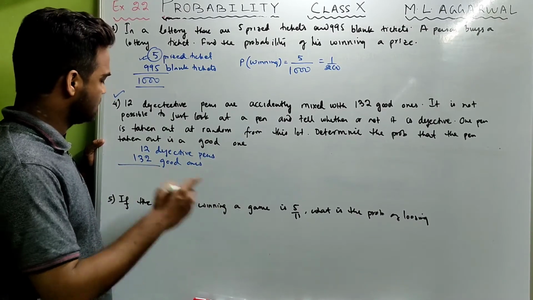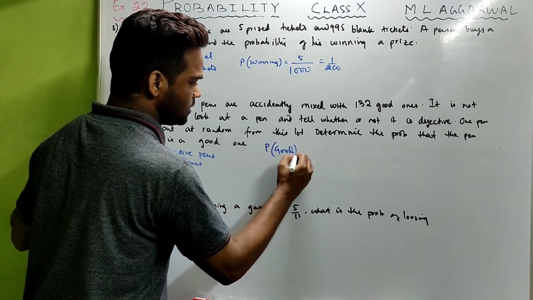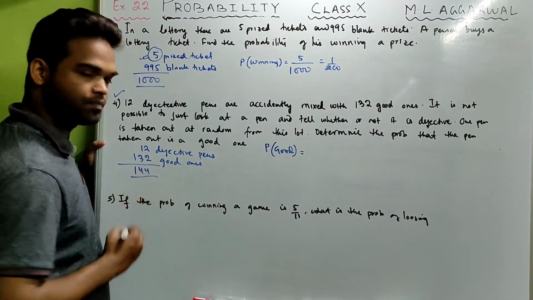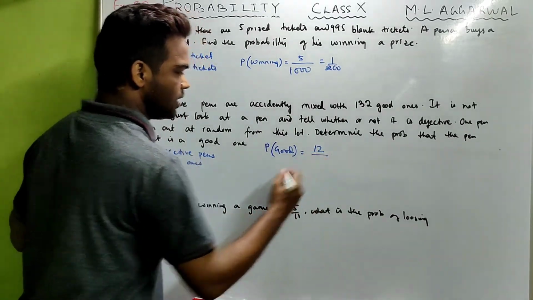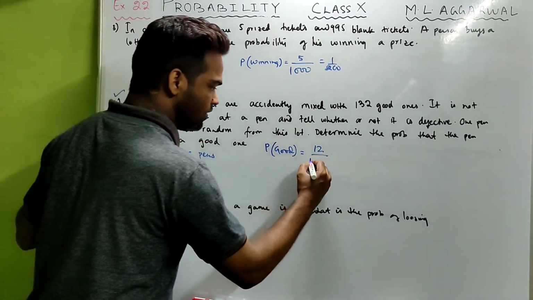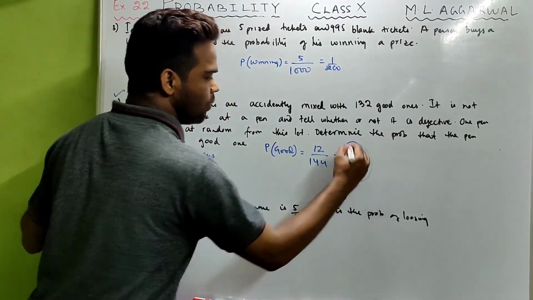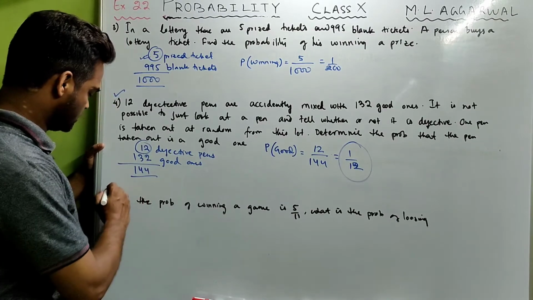Determine the probability that the pen taken out is a good one. Now when you add this, it is 144. So number of favorable outcomes is 12, and total number of outcomes is 144, which is 12 1 times, 12 12 times. So 1 by 12. Clear?